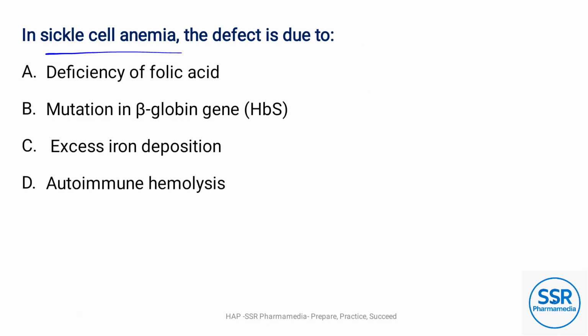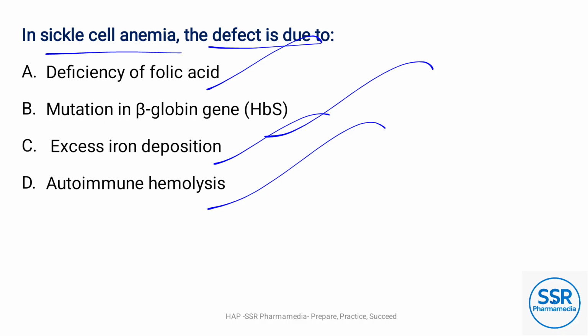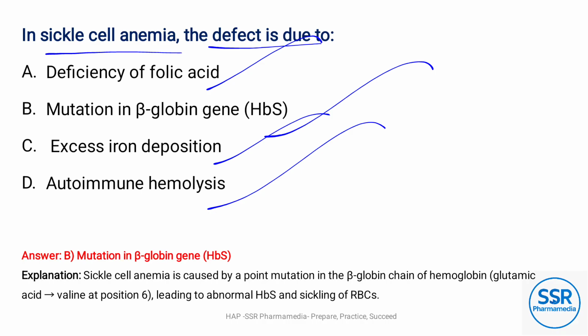Next, in sickle cell anemia, the defect is due to option A, deficiency of folic acid, option B, mutation in beta globin gene, option C, excess iron deposition, option D, autoimmune hemolysis. So the answer is option B, mutation in beta globin gene.